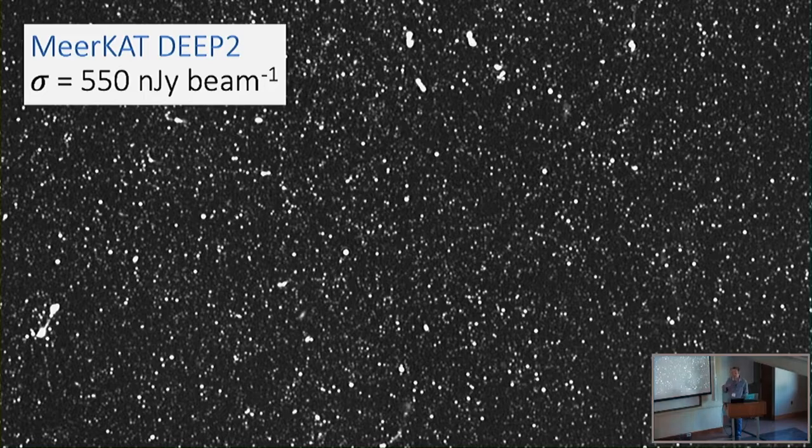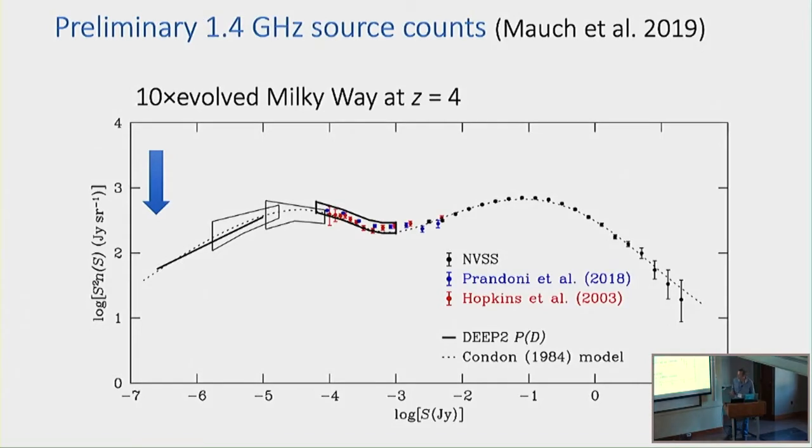So as MeerKAT is starting to explore skies that have previously not been explored with this sensitivity, we are coming up with very interesting discoveries. And I won't go into the science, but this is already being used to constrain some models of galaxy evolution. So that solid line over there, that's new MeerKAT data that's adding to the science.